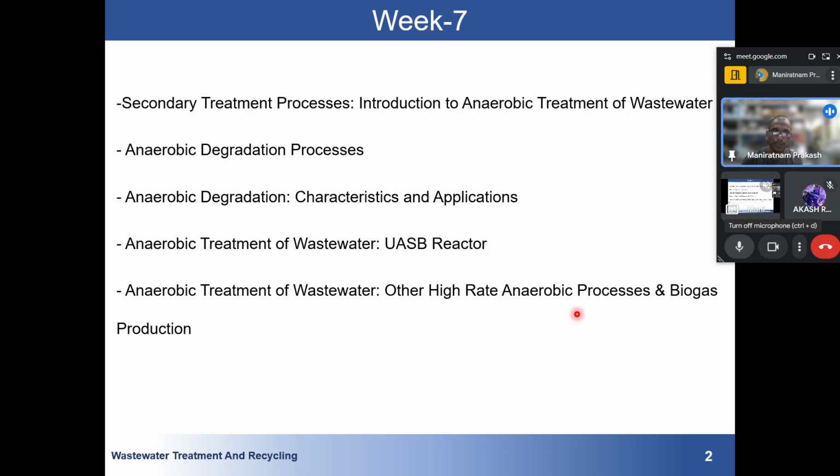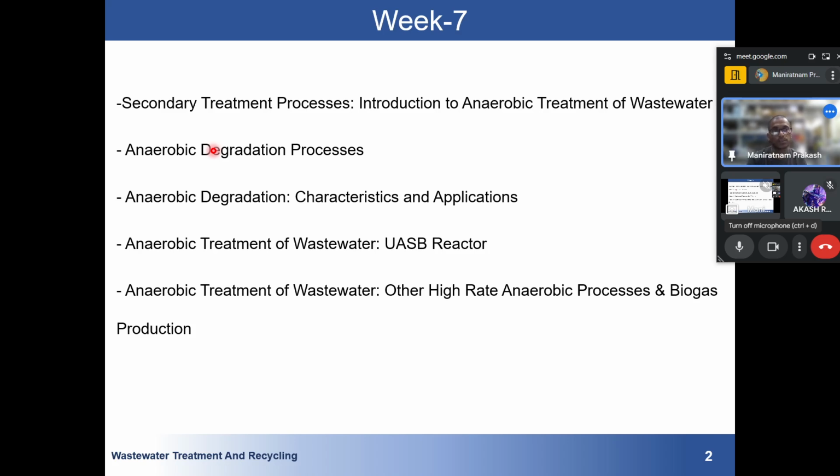So in week 7, we will be looking at these five topics. Yes, five topics. That is secondary treatment process. If you recall the previous session, first we discussed wastewater, then the different components of wastewater, then different treatment processes, then we went into detailed discussion of each part of the treatment units.